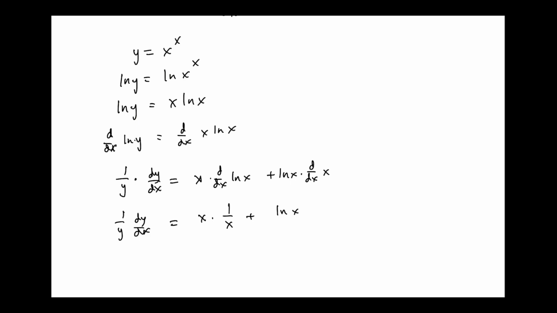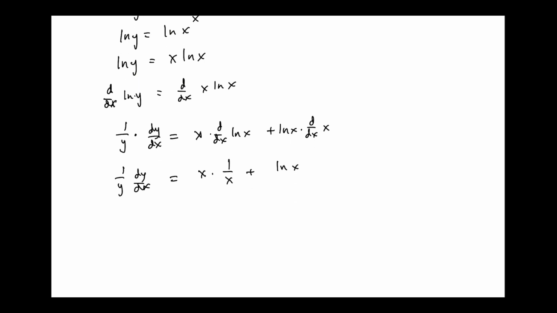Okay, so can I simplify this a little bit? Yeah, because what's x times 1 over x? 1, that's nice. And then the other thing I need to do is just multiply both sides by y.